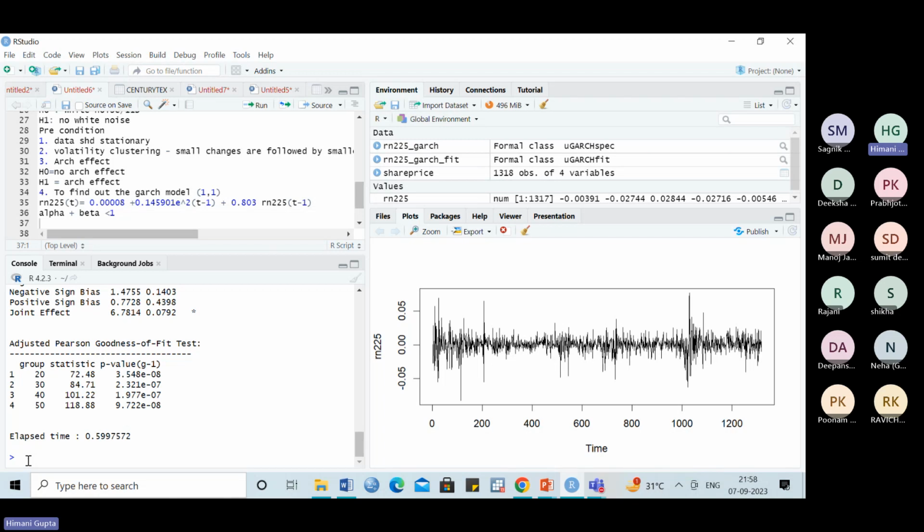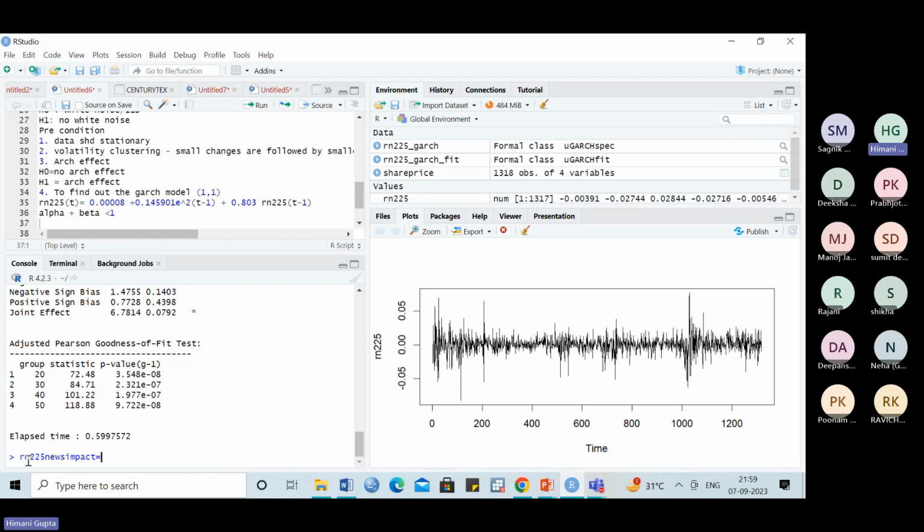So let us make the diagram. Let us again store it in some variable. Let me give the name RN225 news impact. I just want to see whether whatever the external news is there, whether they are having the same symmetric effect of bad and good news or they are having a different impact.